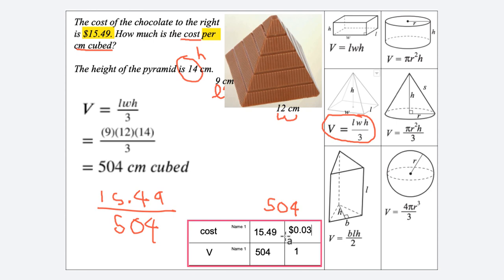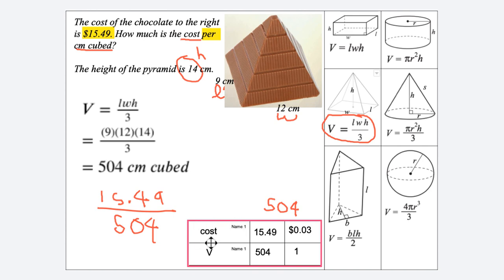So again, how did we do this question? Let's go back over it. Figure out the volume using our formulas. Pick the right formula. Next thing is, I know that the question has unit rate in it, cost per centimeter cubed. So anytime there's a unit rate or ratios in a question or percentages, I can use one of these boxes, okay? They call it a ratio box. And I know that the two things that are being measured in the rate, cost and centimeters cubed, are my two variables then.